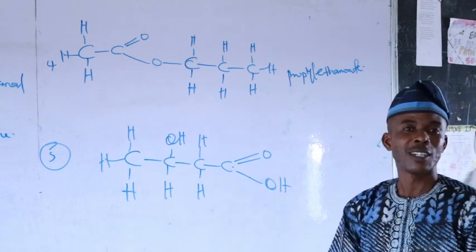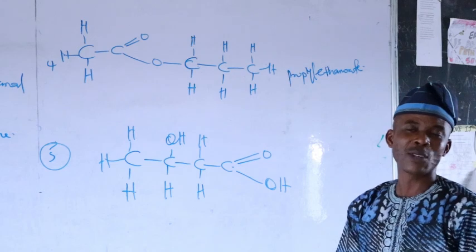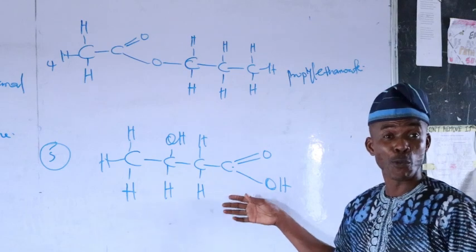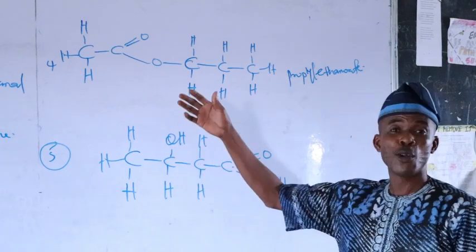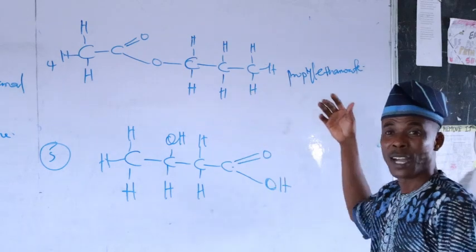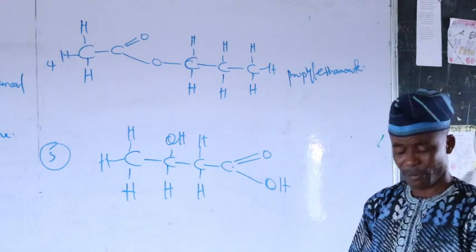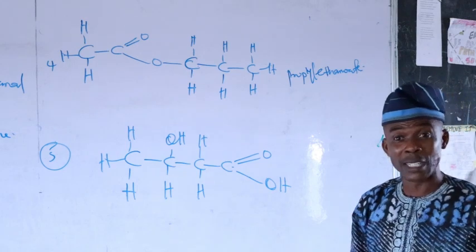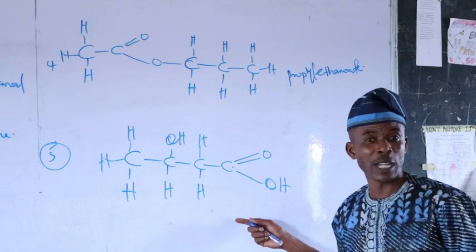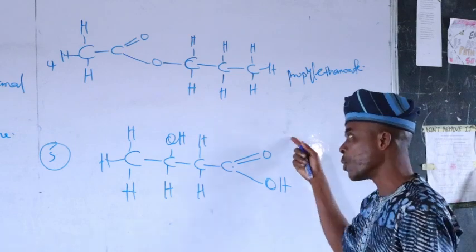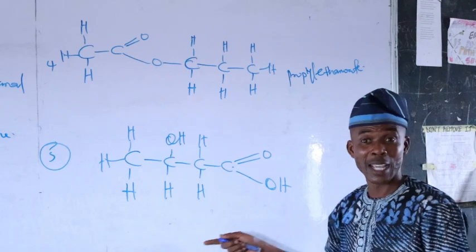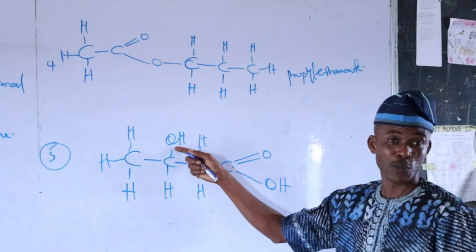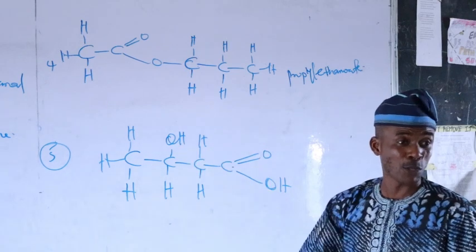Then this is an organic compound with multiple functional groups. You can say we have an alcohol, and we have an alkanoic acid. When we have functional groups like this, the alkanoic acid is the priority functional group. So automatically this will be an alkanoic acid compound. And this is going to be a secondary functional group, and it will act as a substituent.